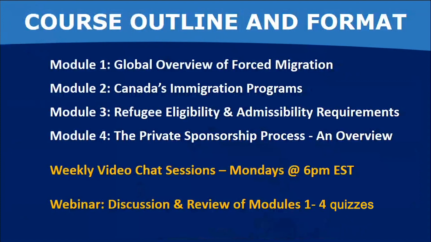Okay, so for our course outline and format, we do have a total of 8 modules, and I'm going to discuss the first 4 right now, and then in the next slide I'll discuss the next 4. Module 1 is the global overview of forced migration. And so in the first week of the course, we provide a background on global migration and refugee issues.